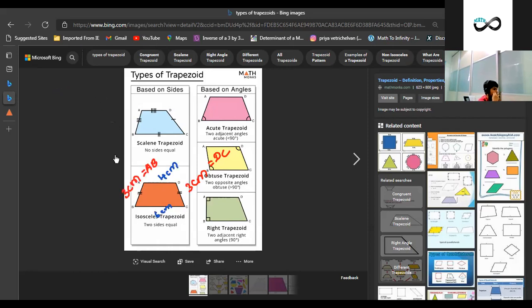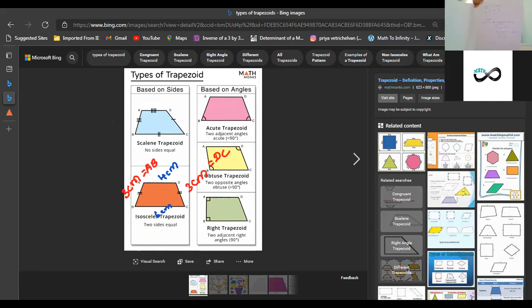You're done noting it down? Show it to the screen, the isosceles trapezoid. I was already done.